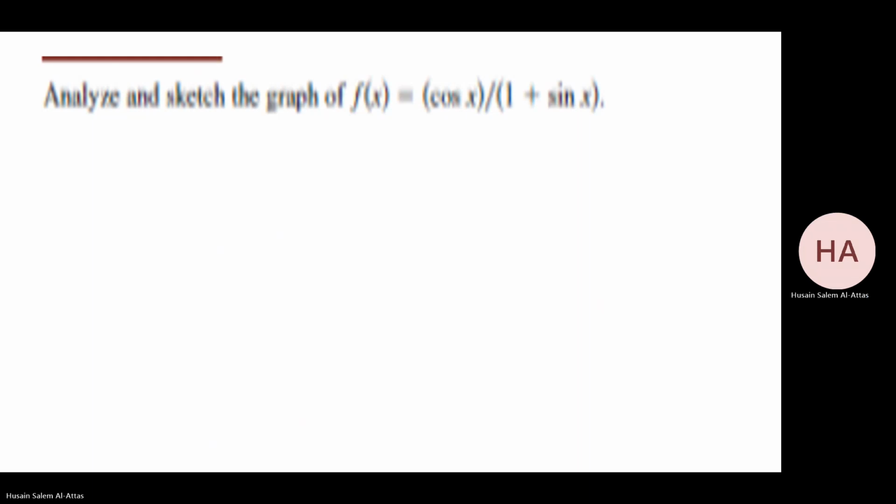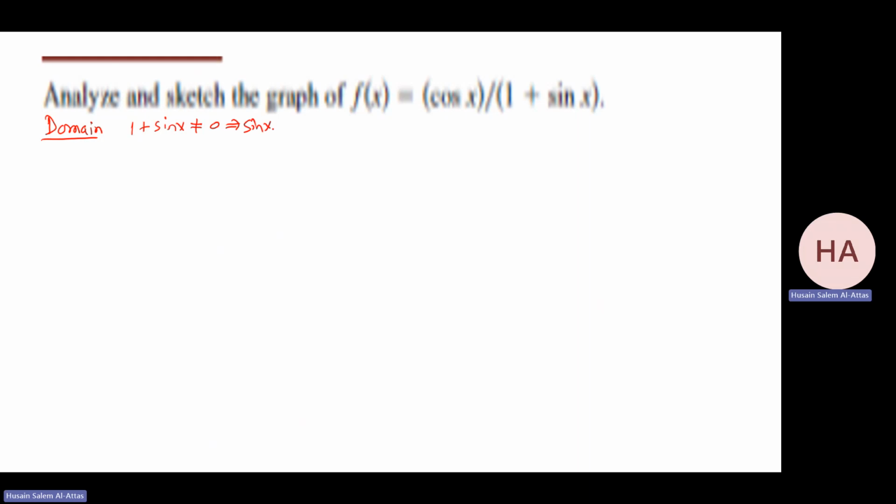Okay. Now we'll do this one: cosine x over 1 plus sine x. Now, what is the domain here? I need to be sure that 1 plus sine x is not equal to 0.